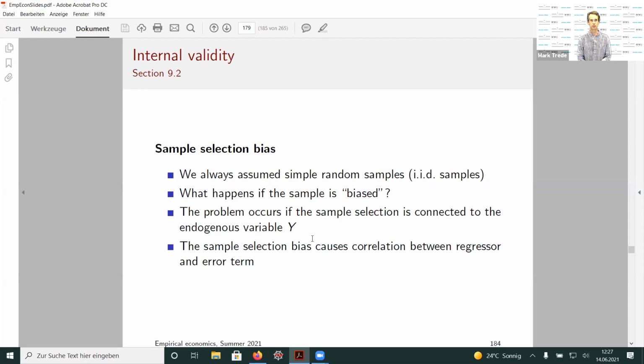We also talked about errors in variables, for instance, where I have shown you last week that if the measurement of the regressors is flawed in a way, so if you have measurement errors in the regressors, then your estimation will also be biased, and not only biased but also inconsistent.